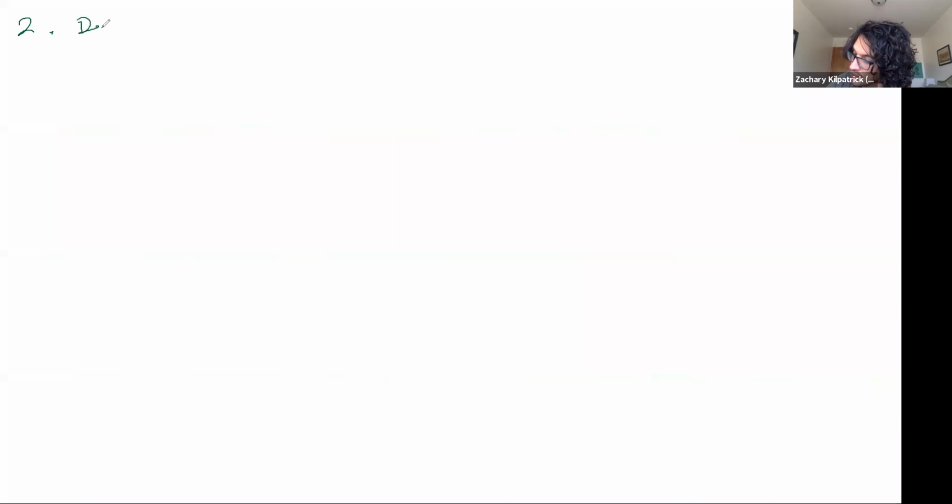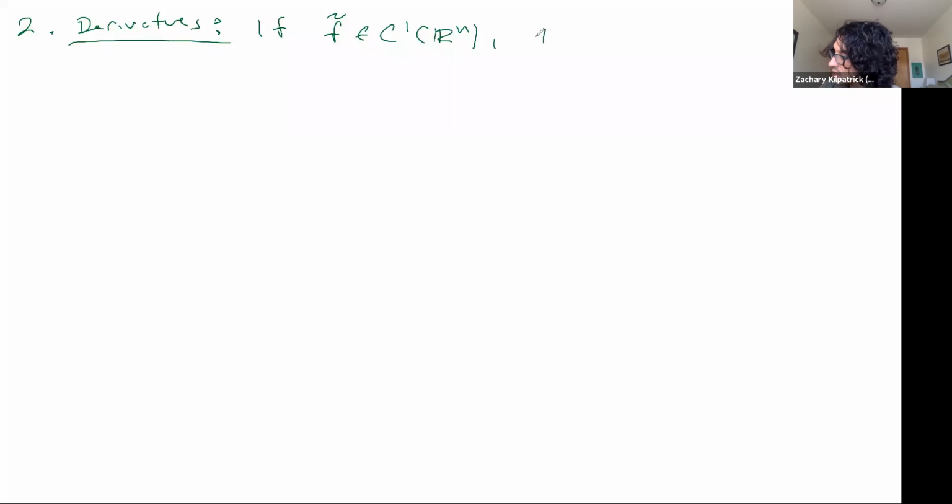Derivatives. So can you take derivatives of distributions? You can. So if I'll call it f tilde is C1 in R^n, so this is not a distribution. It's the function that comprises the distribution.